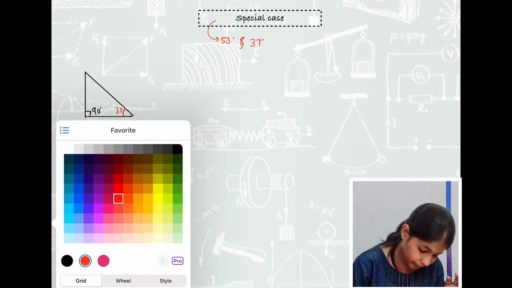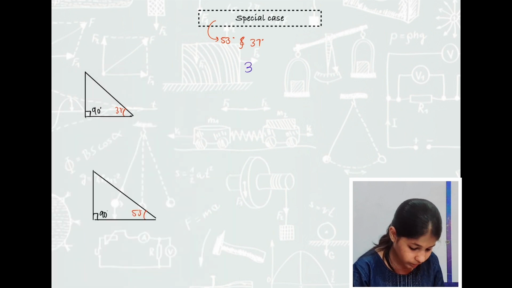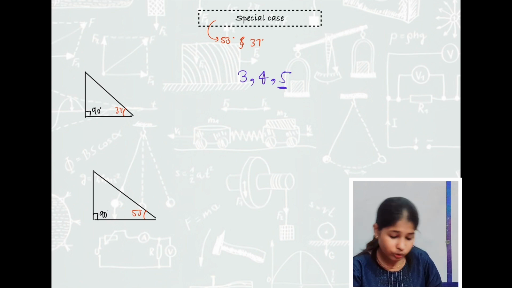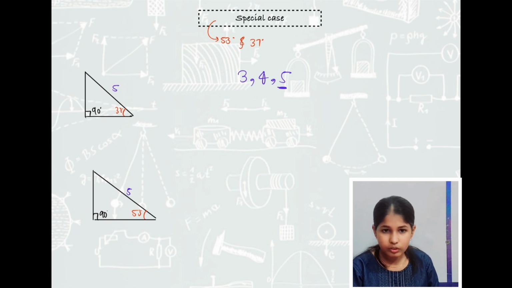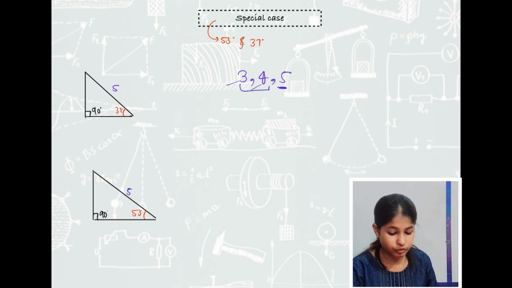What are those numbers? Those three numbers are 3, 4, 5, and here you can see the largest number is 5. So simply both of the hypotenuse will be equal to 5. But here there is confusion about which will be base and which will be perpendicular.